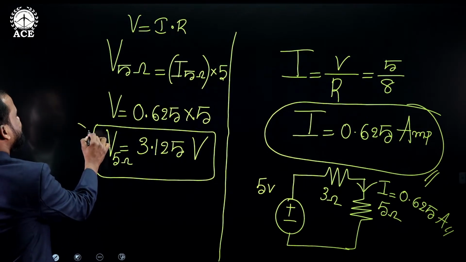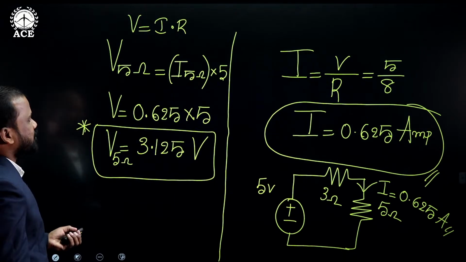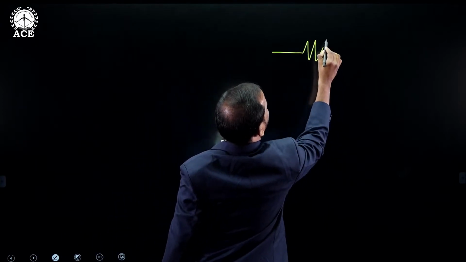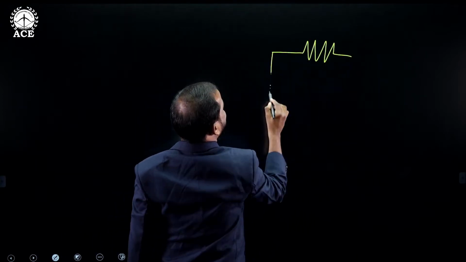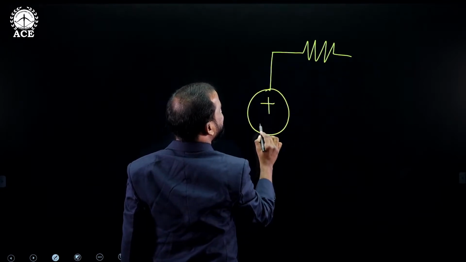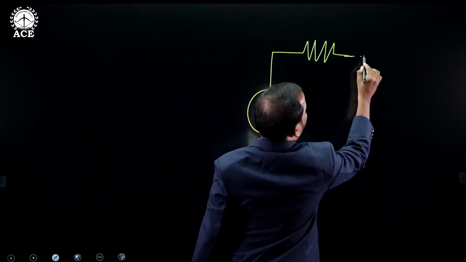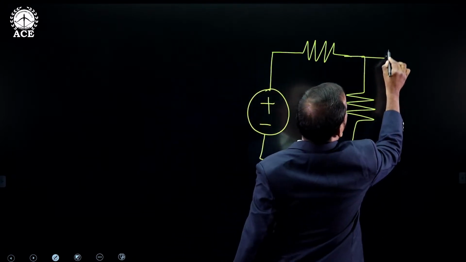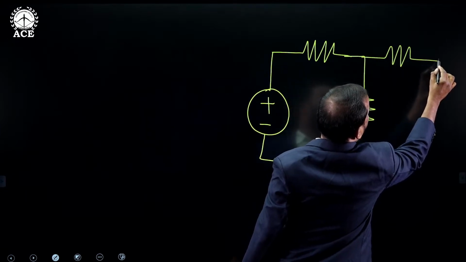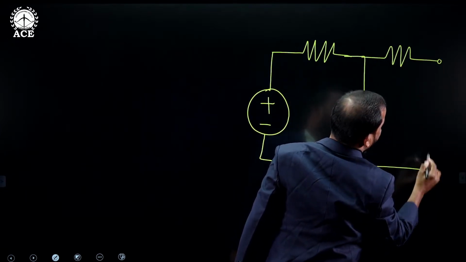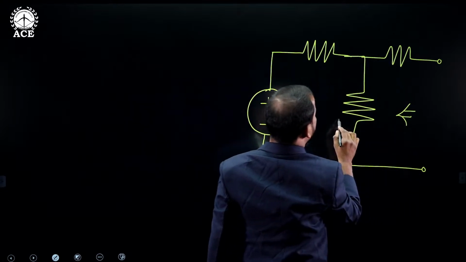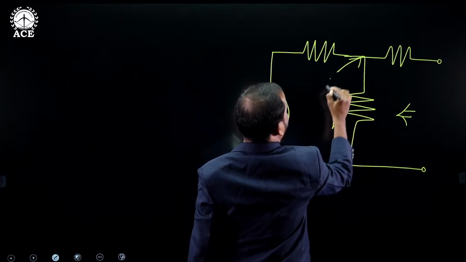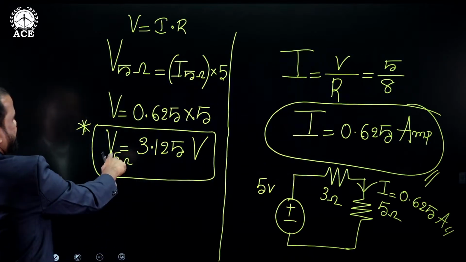Now we require this value for finding what? V Thevenin. So I can directly say that the value of Thevenin's voltage across the open terminals where we disconnected the load is given by the voltage drop across the 5 ohms. Okay. Now the voltage drop across this is representing what? 3.125.